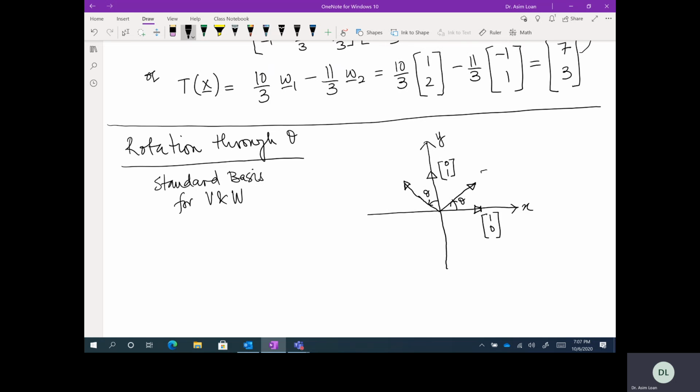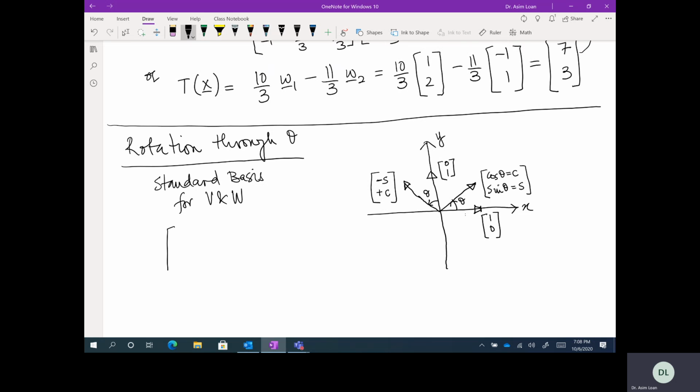So since this vector is 1, if I project onto this one, the x component is cosine of theta, which I'll call C, and the y component here is going to be sine of theta, which we call S. Same argument here, so this will be minus sine of theta, and this would be plus cosine of theta.